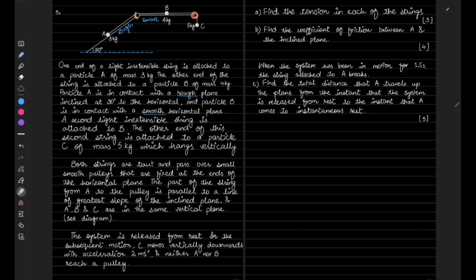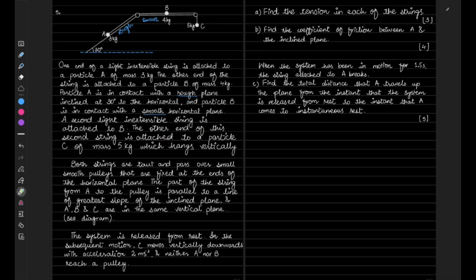These are the two pulleys. The string is taut, so obviously that means there must be tension. The part of the string from A to the pulley is parallel to a line of greatest slope of the inclined plane, and A, B, and C are in the same vertical plane.